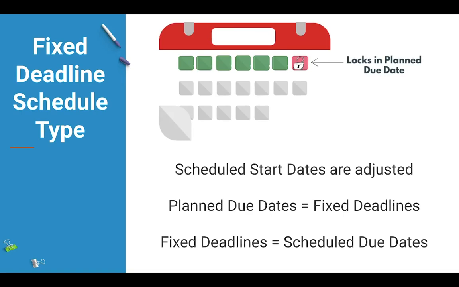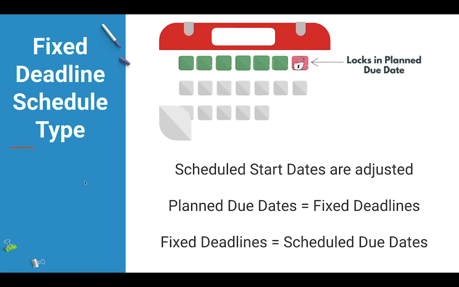Fixed deadline schedules are a marriage between fixed schedules and adaptive schedules. When this type of schedule is applied to a project, Accelo will fix or lock in the planned due date as set in the Gantt chart. And that date will always be used as the scheduled due date. So the due date that appears on tasks and users' calendars.